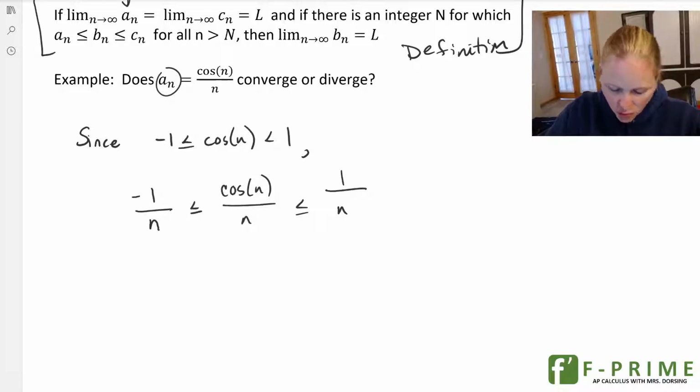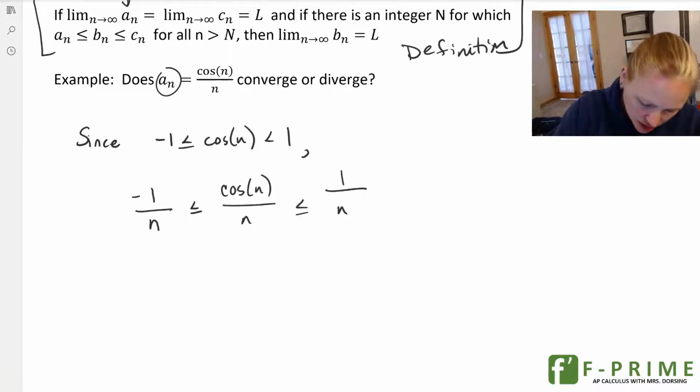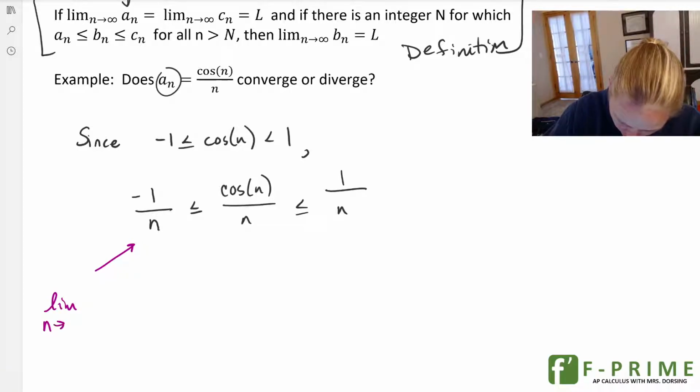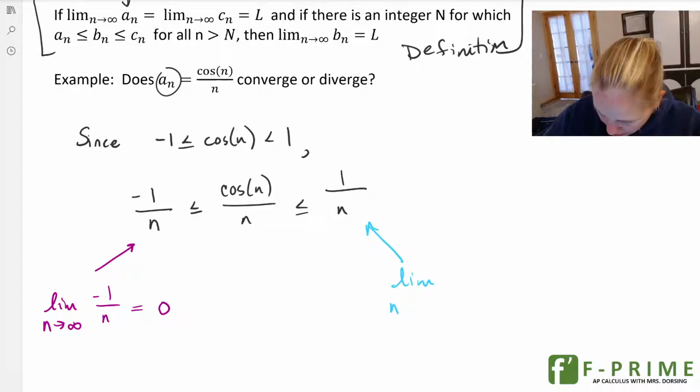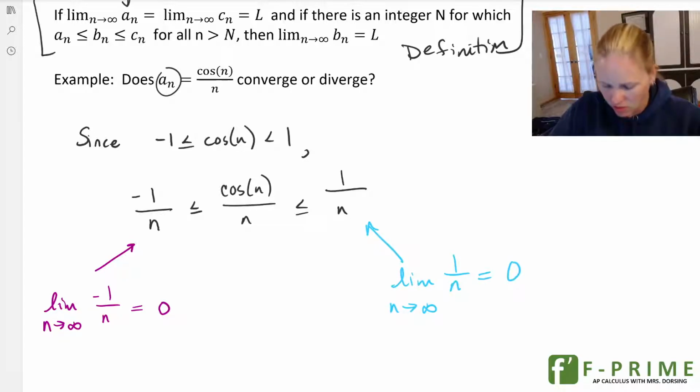Now, we're going to take the limit of this one. The limit as n approaches infinity of -1 over n is 0. Then we're going to do this one. The limit as n approaches infinity of positive 1 over n is also 0. So we're demonstrating that the two outer functions both go to the same number.